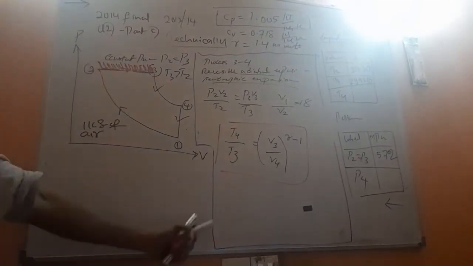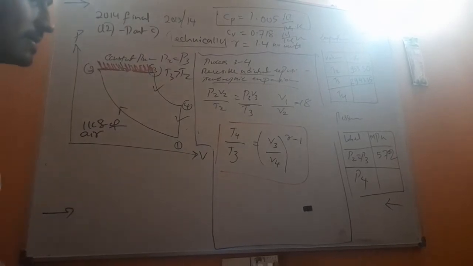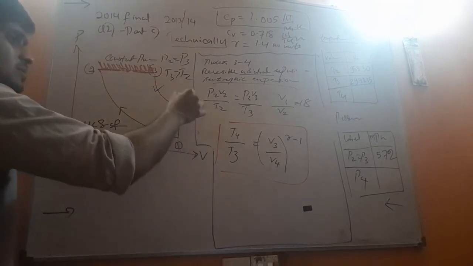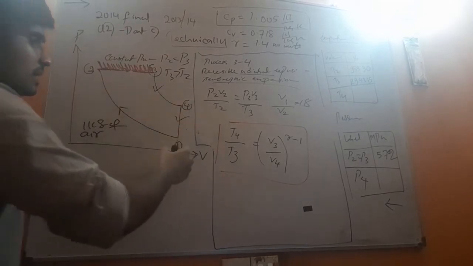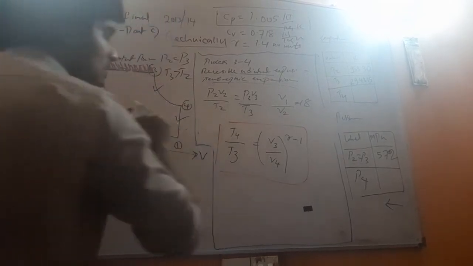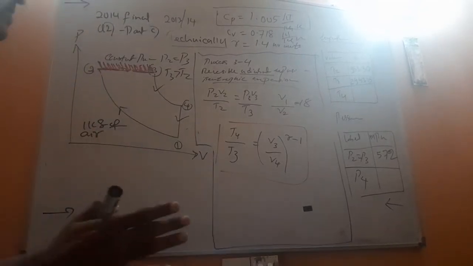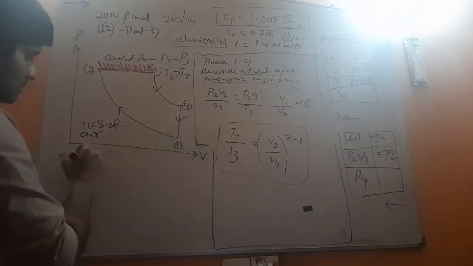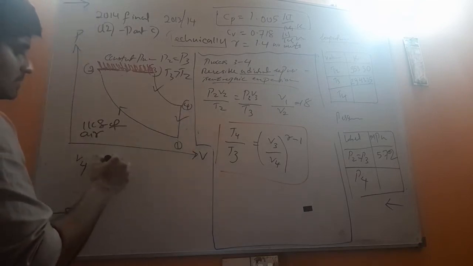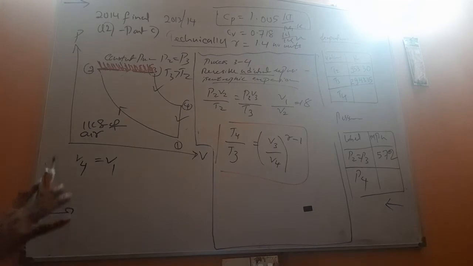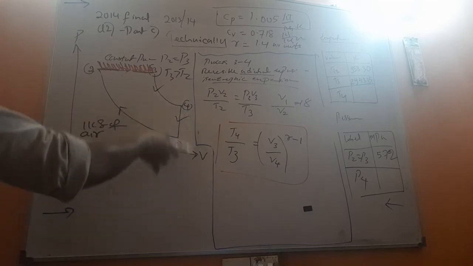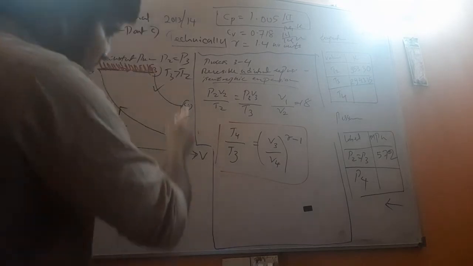But let me analyze like this. Process 4 to 1 is a constant volume heat rejection process. So that means this volume V4 equals V1, because it is a constant volume heat rejection process.